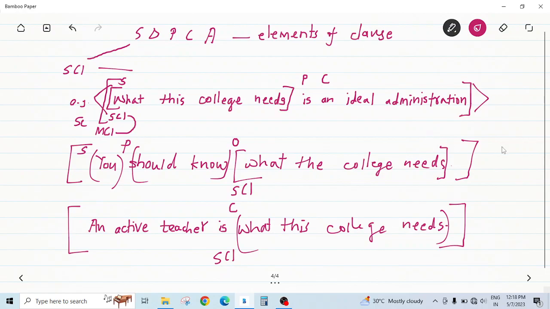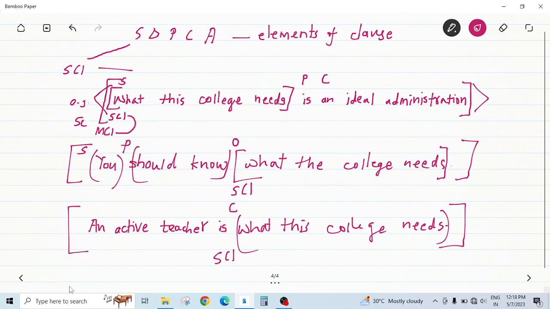Now I can elaborate. You may say that, sir, in these places regularly a noun comes. But here, the subordinate clause functions as a subject. Here also the subordinate clause functions as object, and here complement.